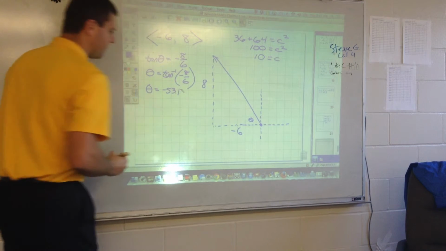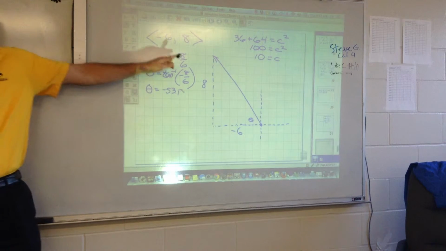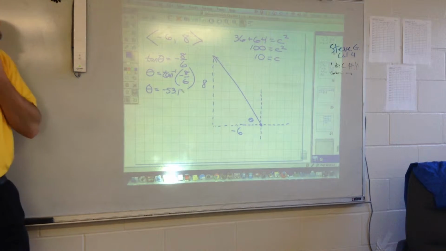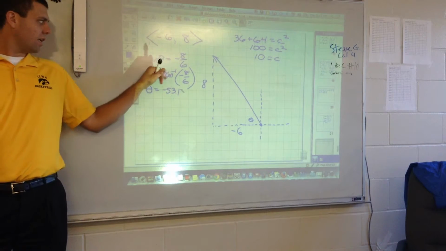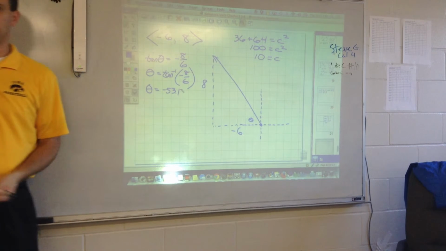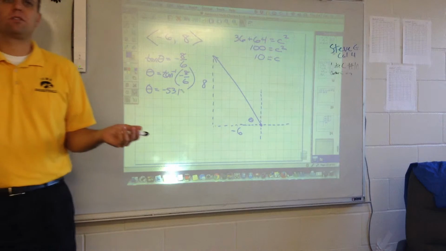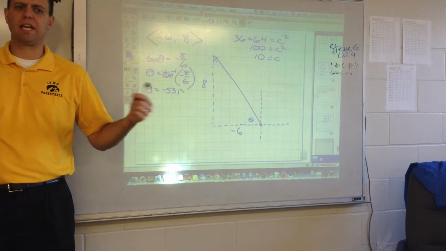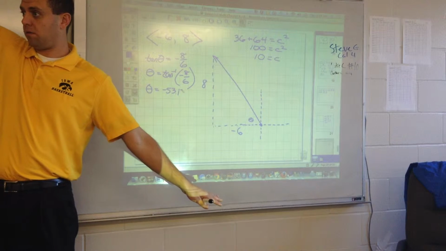Here's why it's saying that. You're telling the calculator that some angle has a tangent of negative 8 over 6, or negative 4/3. Well, in what quadrants does tangent have a negative value? 2 and 4, right?